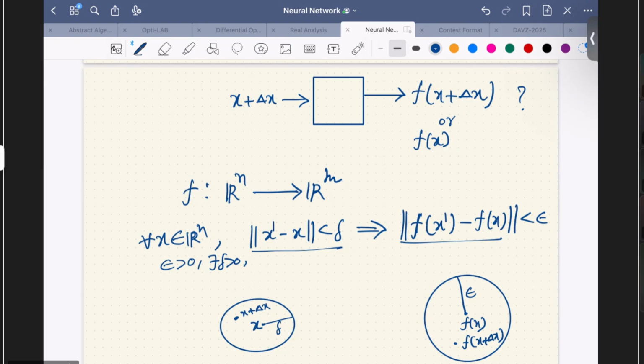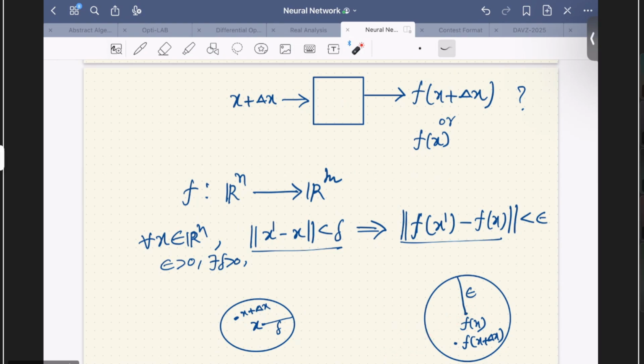So it stays inside the epsilon neighborhood. That is what the continuity definition says. If you move a little bit away from x, similarly f will go away from f of x within this epsilon. It does not go outside.